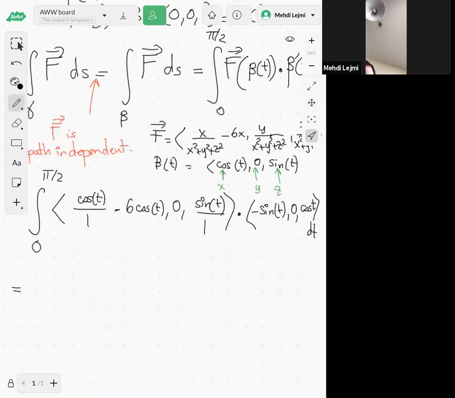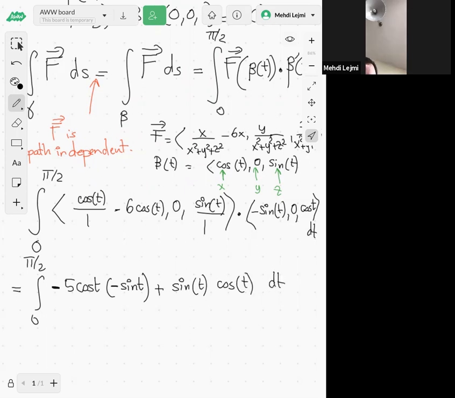So this would be equal to the integral from 0 to pi over 2 of cosine of t minus 6 cosine of t, that would be minus 5 cosine of t, times minus sine of t, and then plus 0, and then plus sine of t cosine of t, dt.